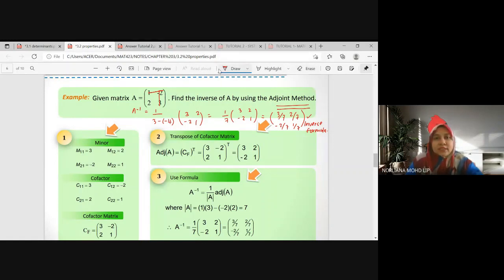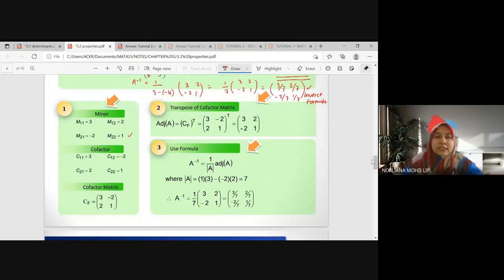And this minor M21, we eliminate the second row and the first column. It's equal to negative 2. Minor M22, we eliminate the second row and the second column, so you have 1.